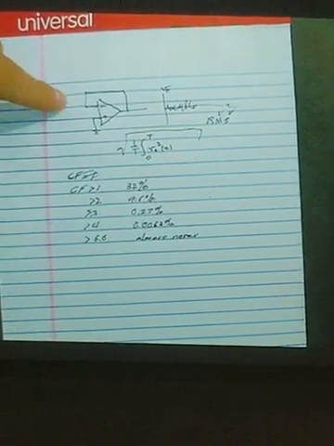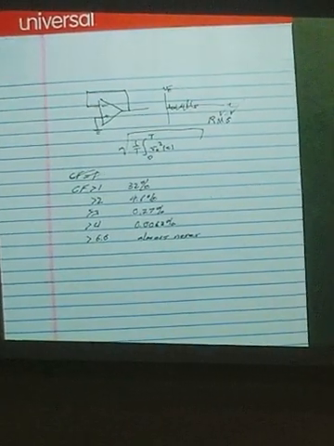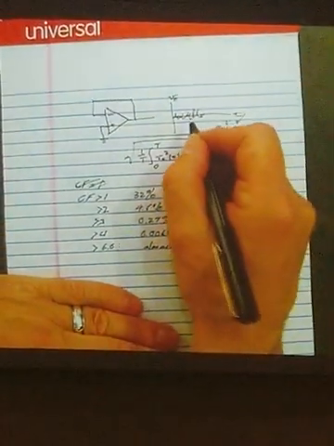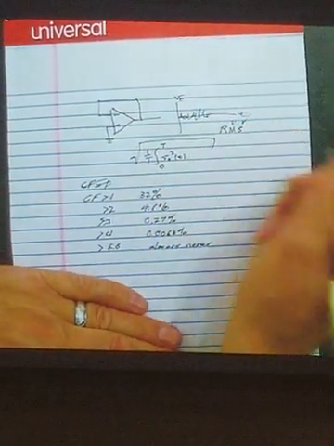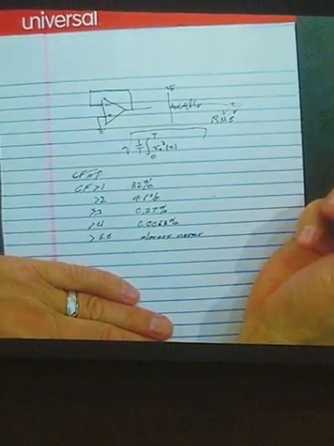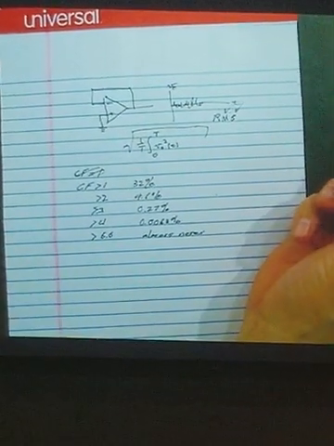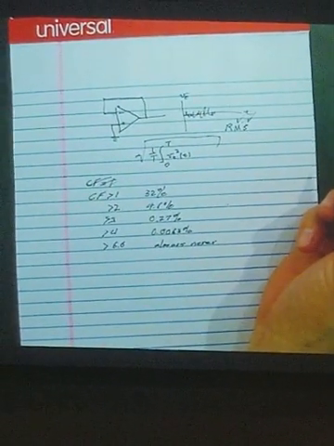So when you set the gain up to 1, the bandwidth's about a megahertz. So if we did an FFT, we wouldn't see any noise exceeding a megahertz, or it would be greatly attenuated out there.